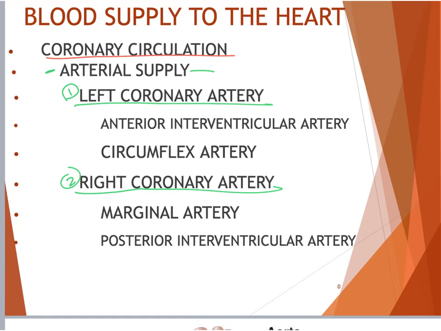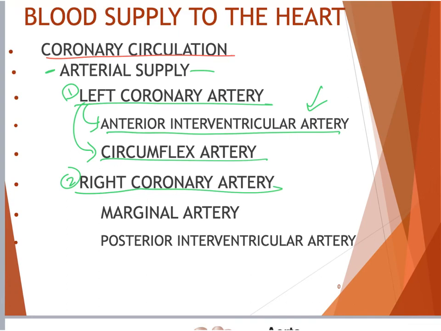The left coronary artery will branch to become the anterior interventricular artery, okay? And that's going to be found in that anterior interventricular sulcus on the front of the heart. And then its other main branch is the circumflex artery. The circumflex artery is going to be the one that supplies the left atrium and posterior walls of the left ventricle. This one supplies the anterior walls of the ventricles.